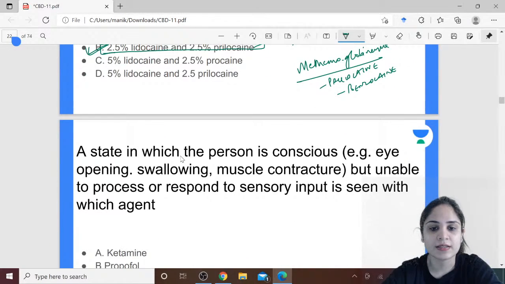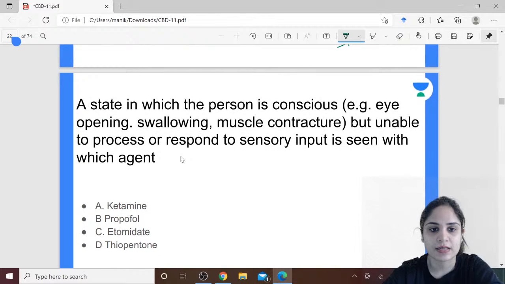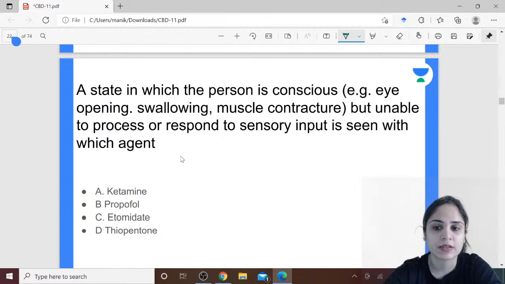A state in which the person is conscious, that is, eye opening, swallowing, muscle contracture is present, but he is unable to process or respond to sensory input, is seen with which agent? Ketamine, propofol, etomidate or thiopentone?